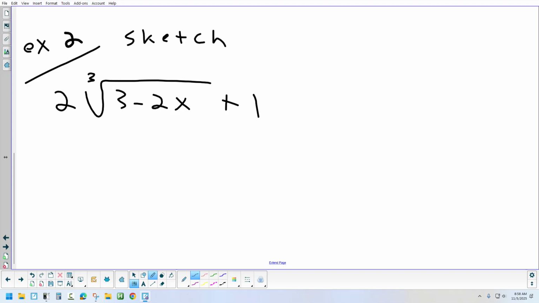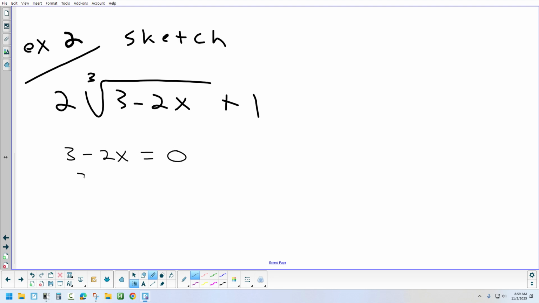All right. Originally, the center was at the origin. We've now shifted it with all those transformations. How do I find the x value, the new x value of my center point? 3 minus 2x. I take 3 minus 2x and set it equal to 0.